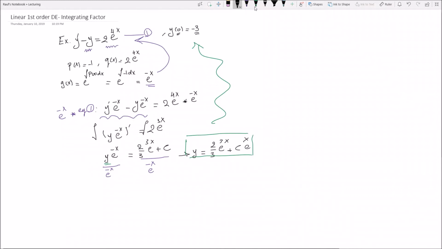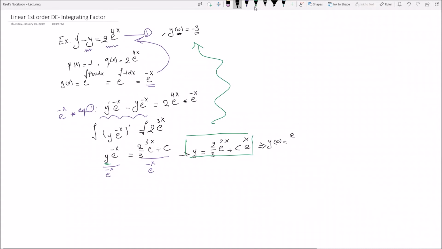The y here is actually y of x, so instead of y of x, we can say y of 0, since the value of x is 0, which is what's given to us at the start of the question.